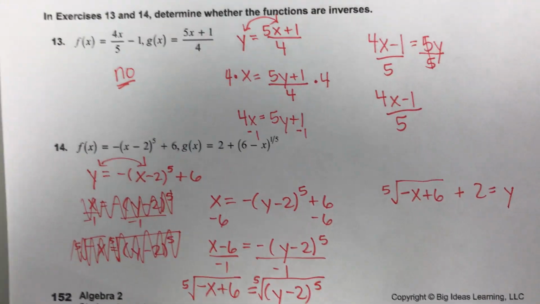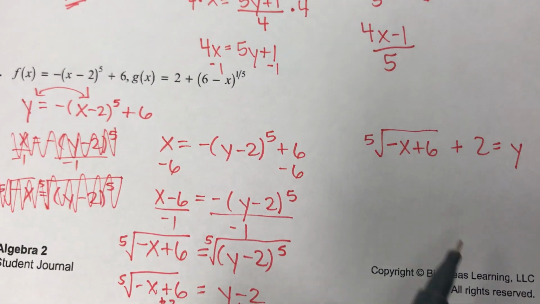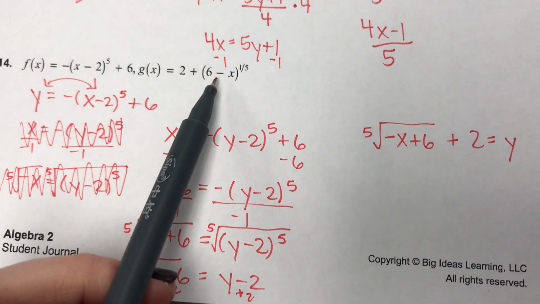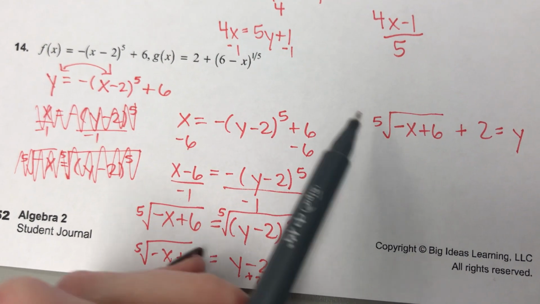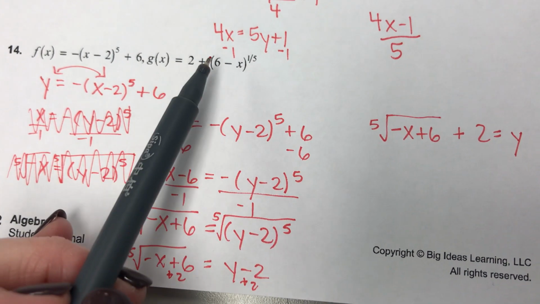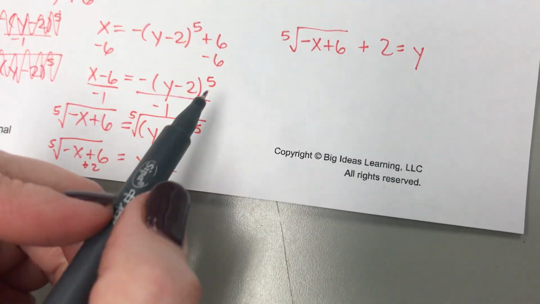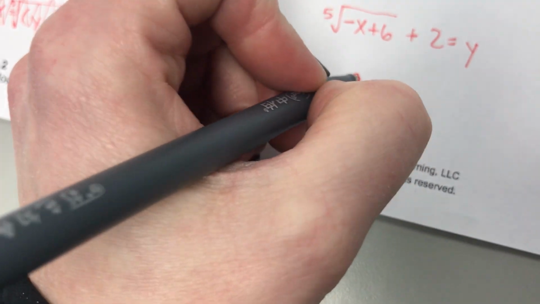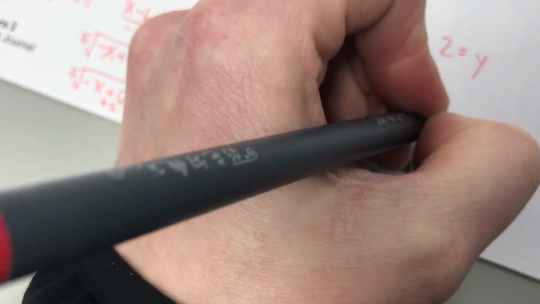Now I want you to notice negative x plus 6 is the same thing as 6 minus x. And the 5th root is the same thing as being raised to the 1/5 power. And of course, a 2 plus in the front is the same as a plus 2 in the back. So this one works. So g of x does equal f inverse of x.